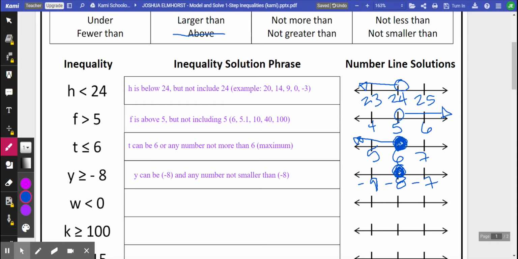Smaller than would be to the left, so we're actually going to be going towards the positive numbers to the right. Okay, and so those are the solutions. So this is H, this is F, that is T, and these are Y. Any questions? Okay, I think you guys should be getting the hang of that.